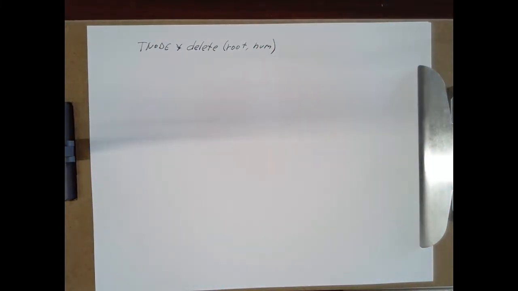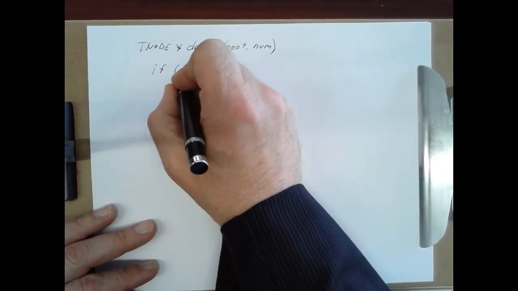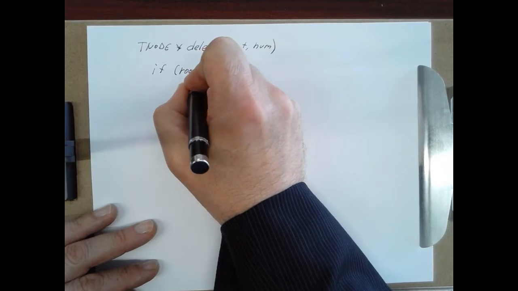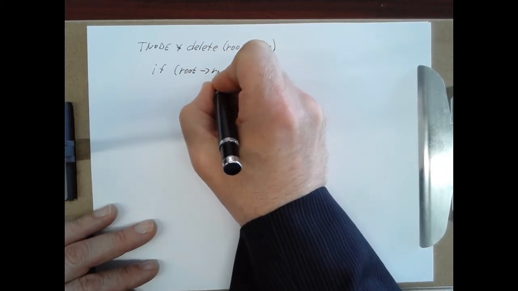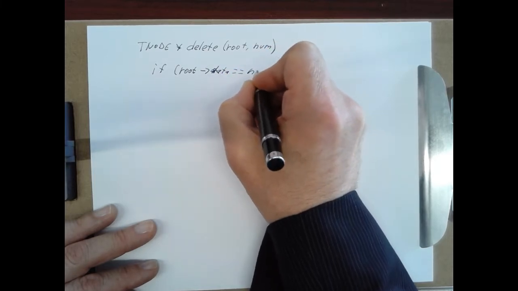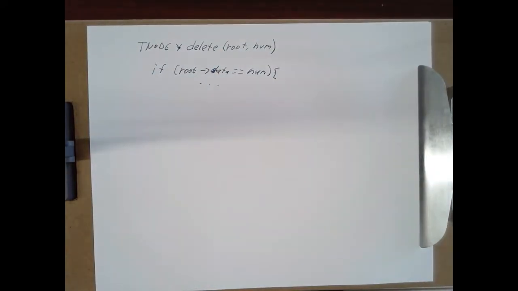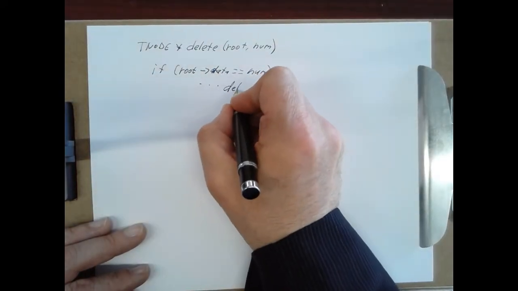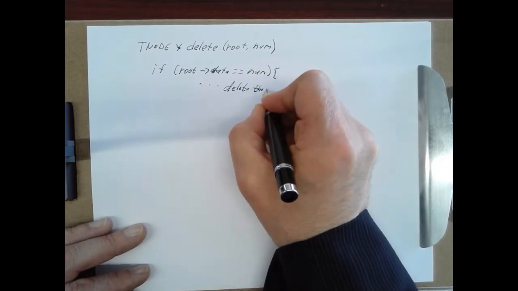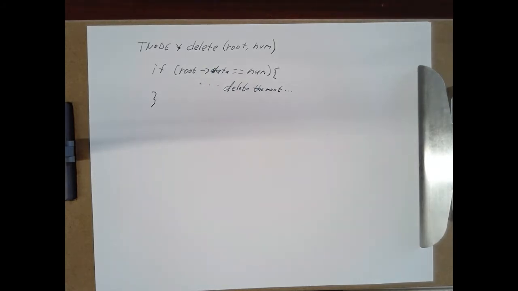So to delete from a rooted tree a particular number, we do the following. If root data equals the number, do everything we've just been talking about, right? Delete the root, and return the new root of the tree, the root of the new tree.